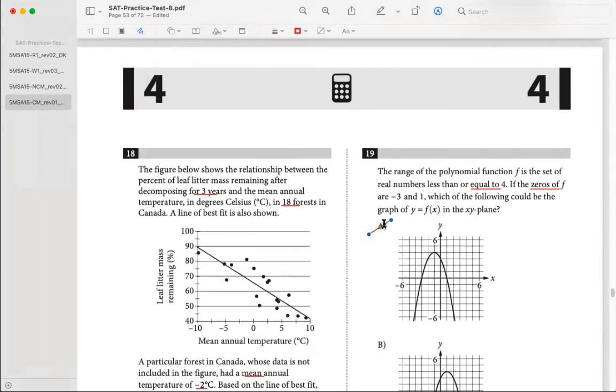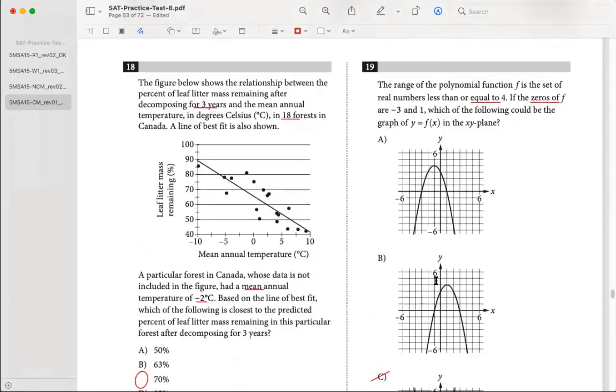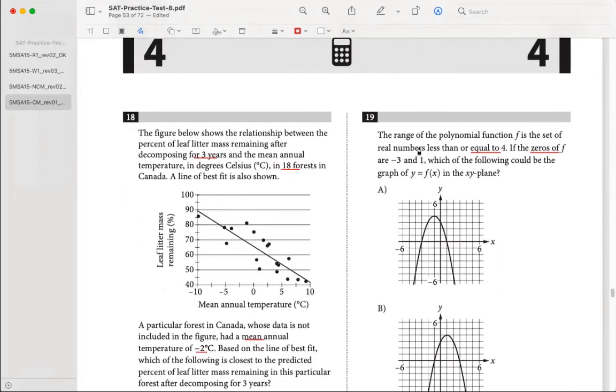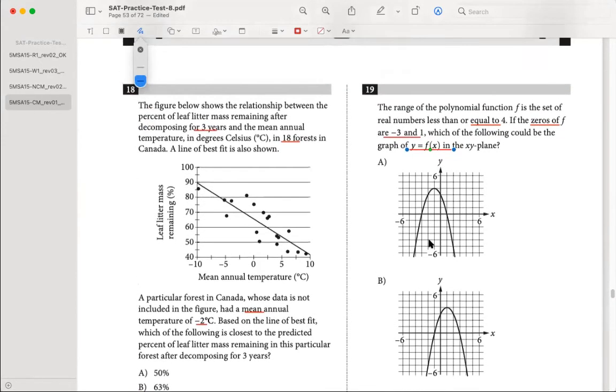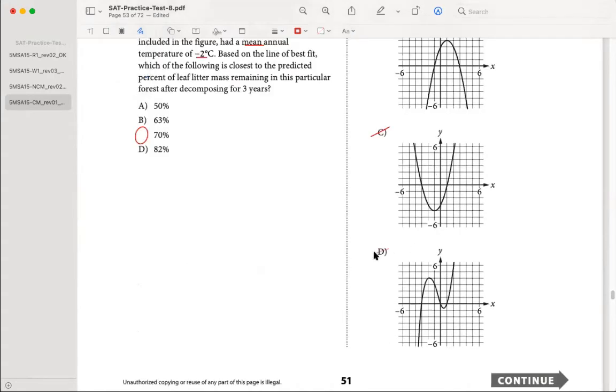Wait. Hold on. Zeros are equal to 4. Yeah, I first thought it was B. Okay, I know this is not right.